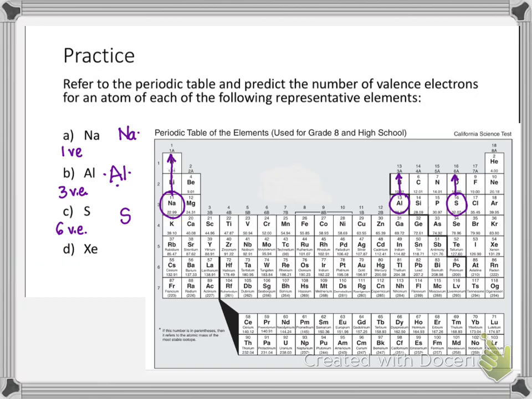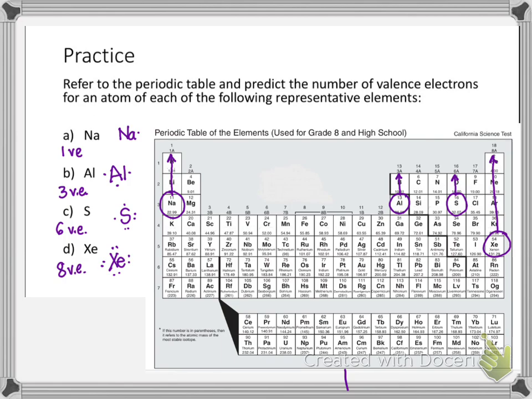So sulfur would be 1, 2, 3, 4, 5, 6. And then xenon is right here, which is a noble gas. It has 8 valence electrons. So that would be Xe, 1, 2, 3, 4, 5, 6, 7, 8. You'd have 2 on each side.